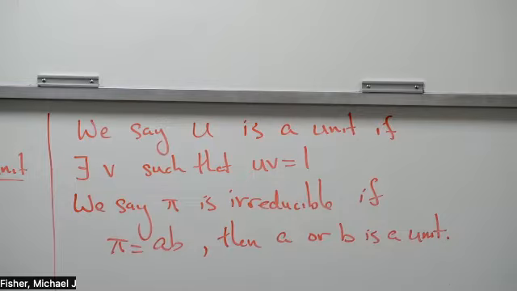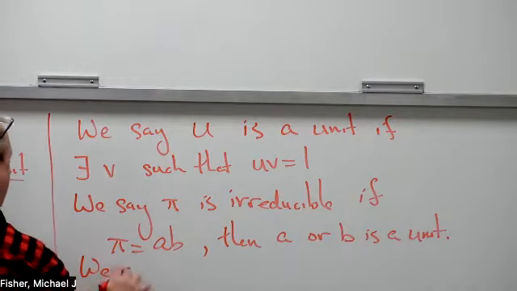Irreducible means you can't break things down in an interesting way. Anytime you factor it, one of those factors has to be something that's invertible. So for example, I can take 6 in the ordinary integers and break that down into 2 times 3. That's interesting. But 2 I can't break down any further because no matter how I factor it, 2 is -2 times -1. One of those pieces is invertible.